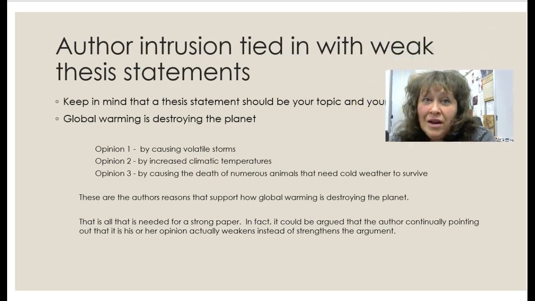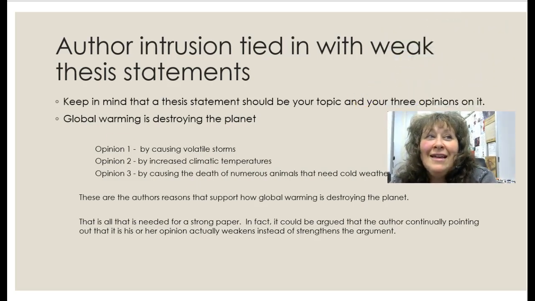It's my opinion, and there's my author intrusion, that author intrusion is tied in with weak thesis statements. So keep in mind that a thesis statement should be your topic, whatever you're writing about, and your 3 opinions on it. So here's an example again, referring back to what we talked about earlier. Global warming is destroying the planet. Opinion 1, by causing volatile storms.